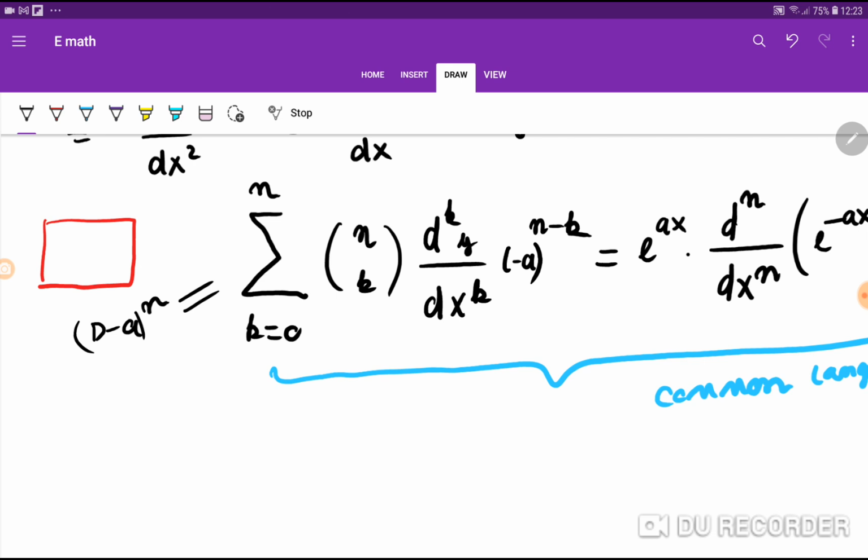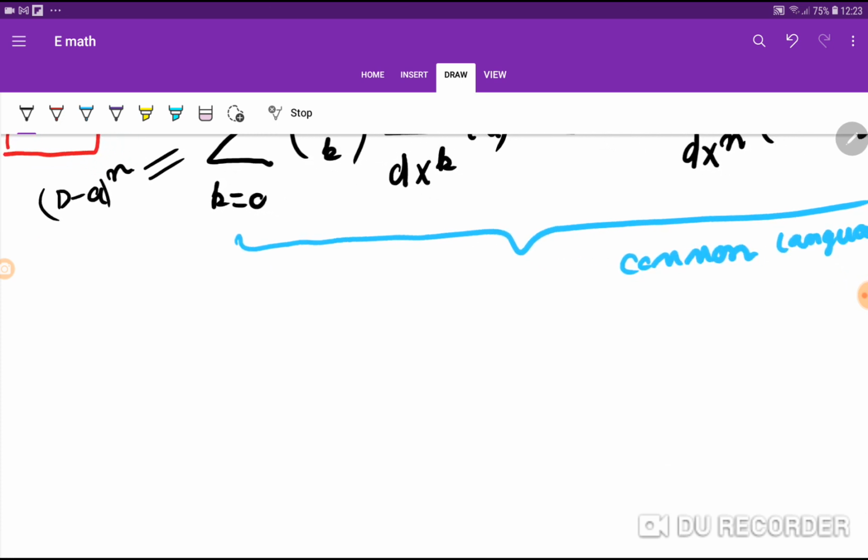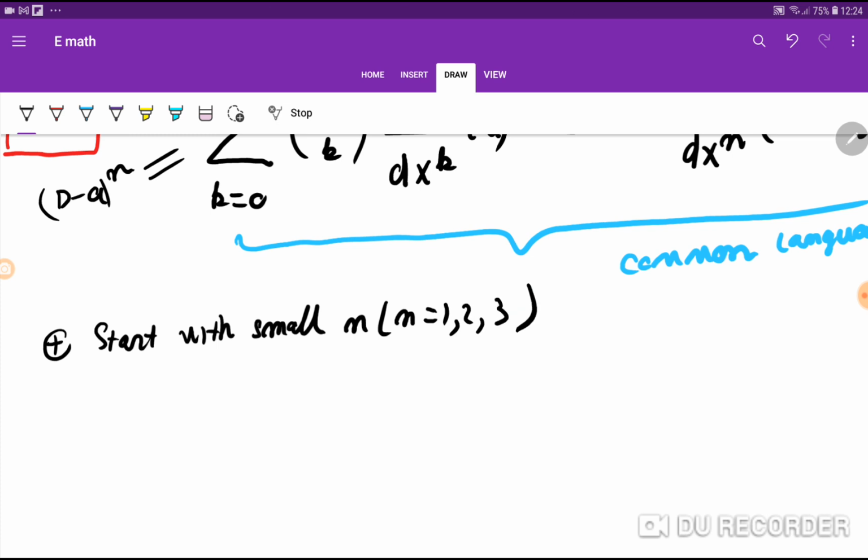The train of thought to prove this is, you have to start with small n, equal 1, 2, 3, and then you try to find a pattern.